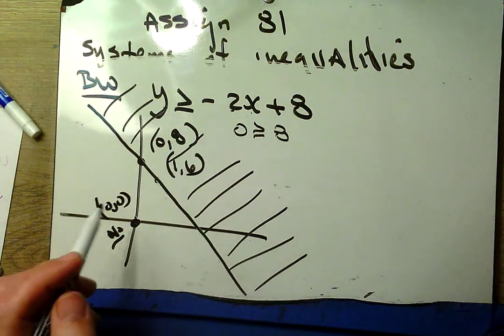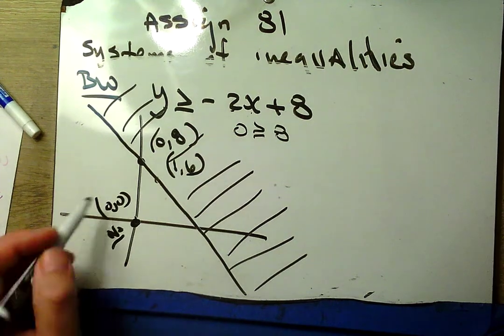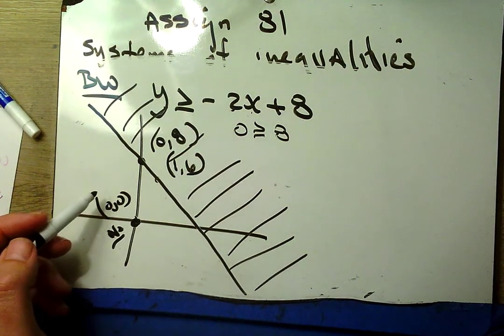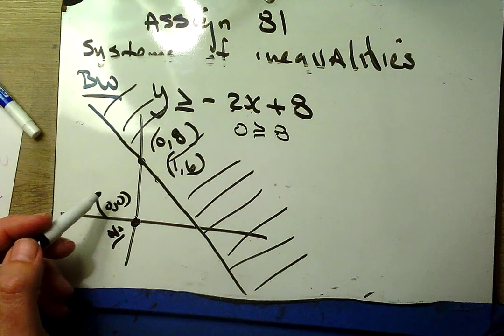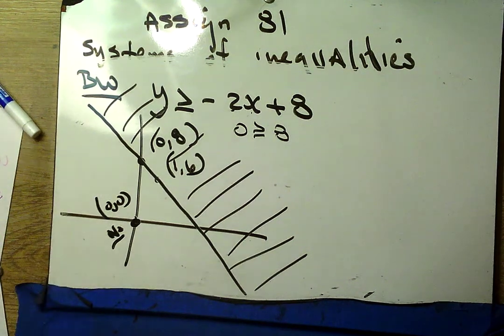So just like we did with inequalities back in Algebra Basics, I'm going to say, really, it's not such a big deal to test the point 0, 0, just so you can know you're going to get it right. I recommend doing it.